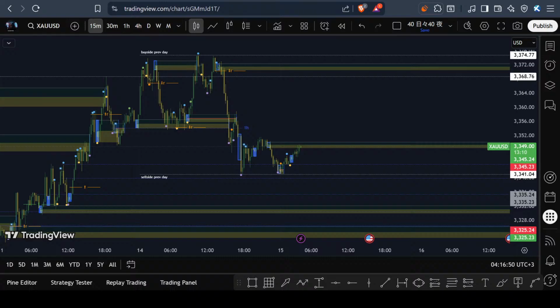Unless you are intertwined with my strategy, it may look like a lot of noise, but it is not. It is essentially a way for me to analyze the markets.